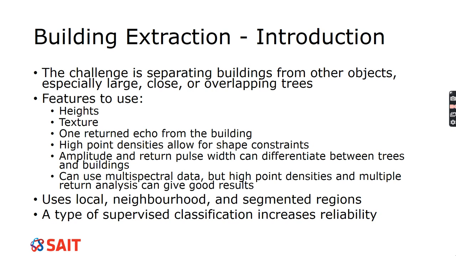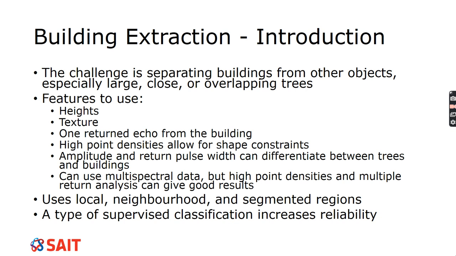So if we slow down over that area, or we apply a pulse repetition frequency, or we do multiple passes over the area where we're looking at buildings and trying to extract those buildings, we can have a better possibility of doing shapes.